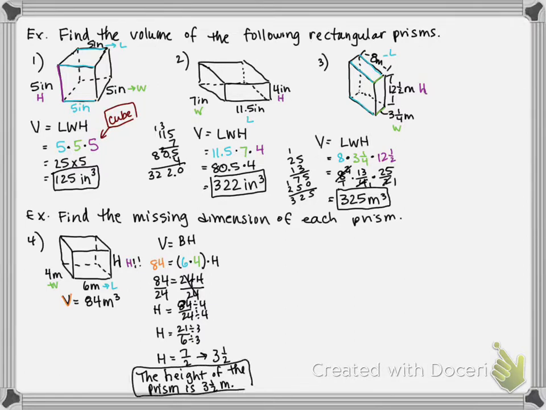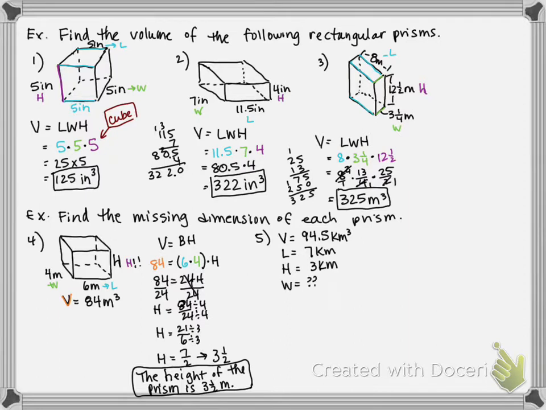Okay? All right, let's do one more, and this one's going to just tell us, here's what you get. So the volume is going to be the 94.5, and this is going to be cubic kilometers. And then they're going to tell us the length is 7 kilometers. They're going to tell us the height of the prism is 3 kilometers. And the width is the mystery number.